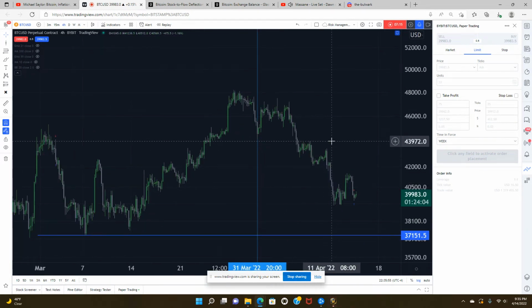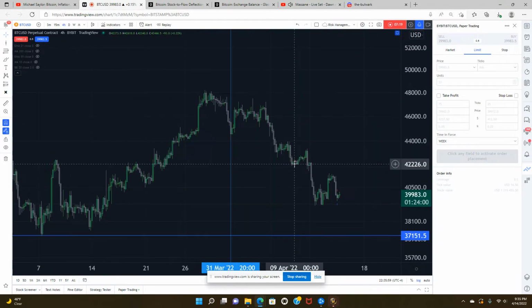And all I'm looking for is a reaction, right? So I want to play the reaction off this level. You already saw a little bit of reaction, and again, these lows could get violated again. Doesn't matter. But this is the area I want to look at when I'm looking at these different price swings.